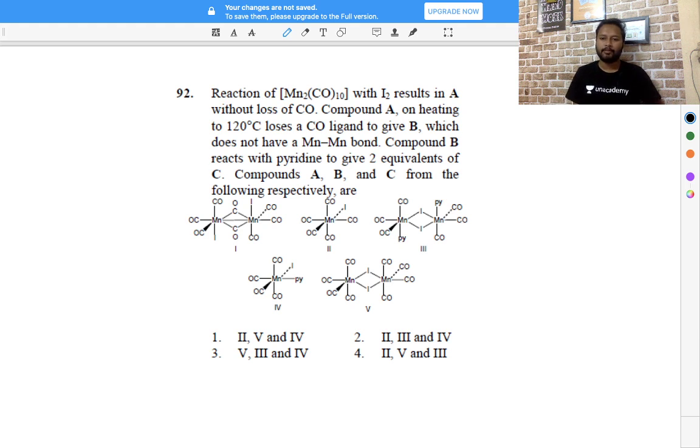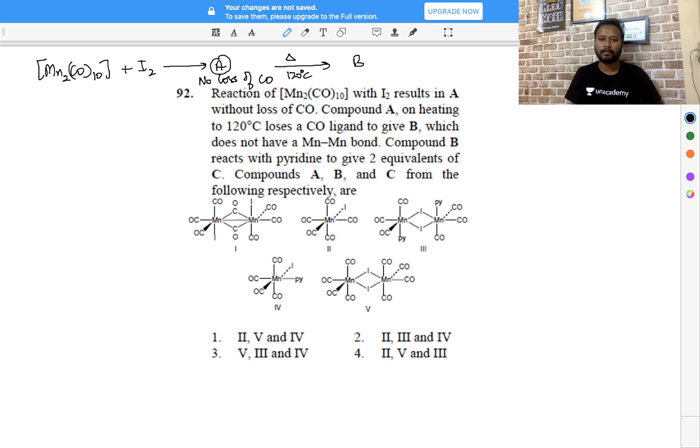If you just look at the reaction and draw it in the usual way, you will be able to predict the answer. You are treating it with iodine and forming compound A. There is no loss of CO ligand, so you have to keep in mind that CO should be 10 over here. Now compound A, if you heat it at 120 degrees Celsius, you form compound B, which loses a CO ligand.